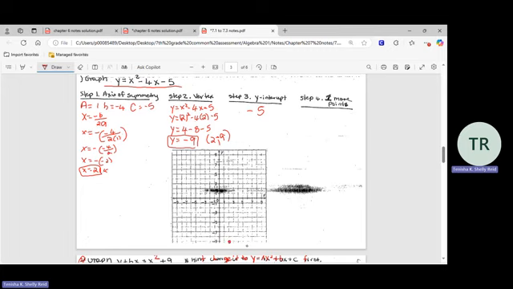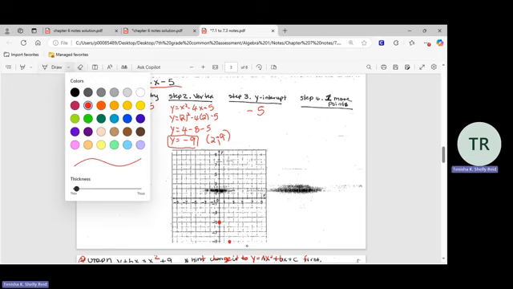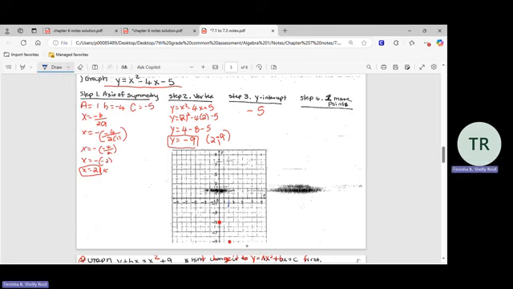That's down here. That's my vertex, 2 and negative 9. And then my y-intercept is at negative 5. My axis of symmetry, I know, goes through the vertex.